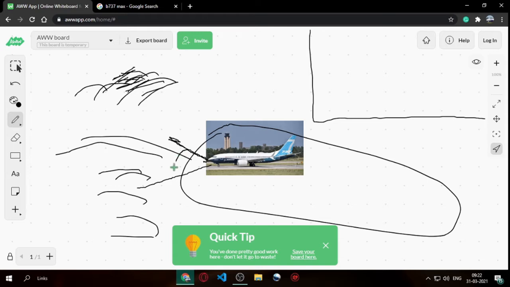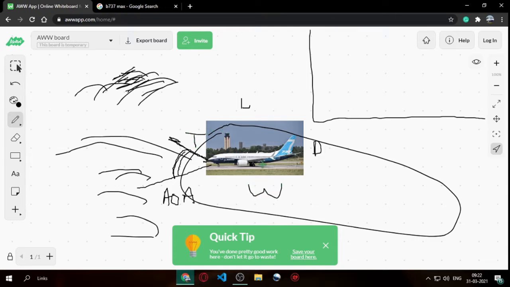So this angle right here, you can see, is nothing but my angle of attack. Okay, now we will also understand drag and all the forces which I explained. Now this is lift, this is drag, this is weight, and this is thrust.